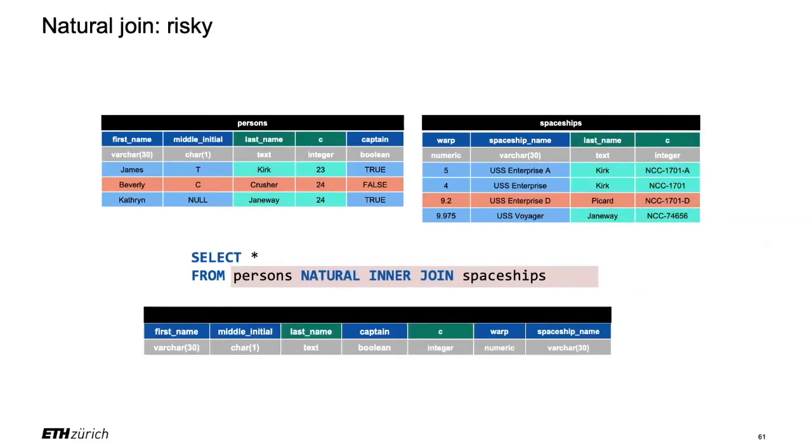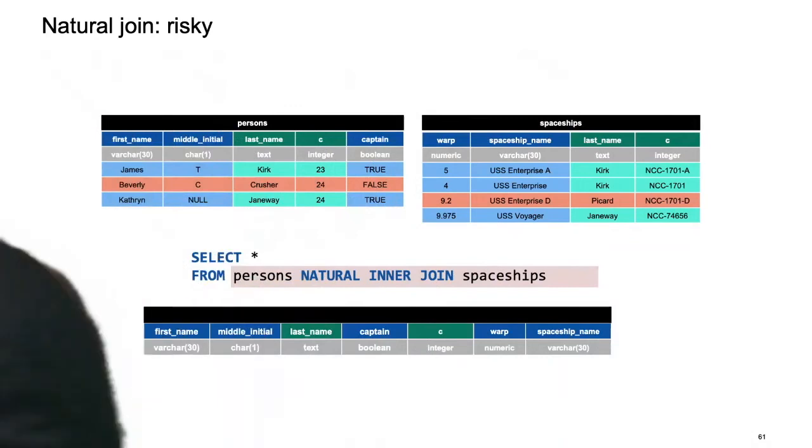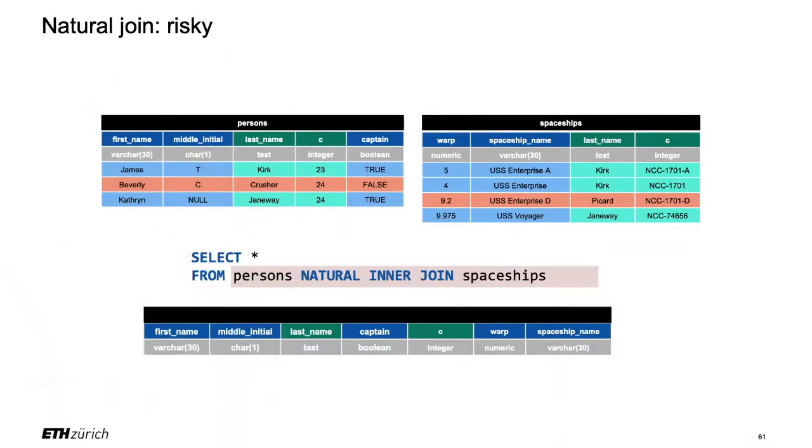There are so many bells and whistles in PostgreSQL. The syntax gives you additional shortcuts if you're lazy and you have a situation like that with a collision of attributes, but you're too lazy to write an entire equality predicate. You don't want to have to go through adding on persons.last name equals spaceships.last name.